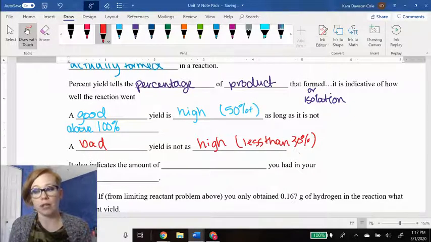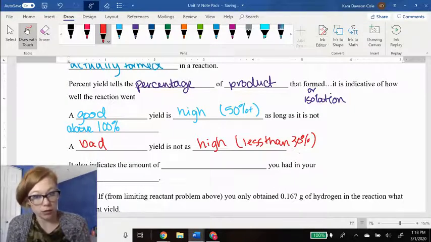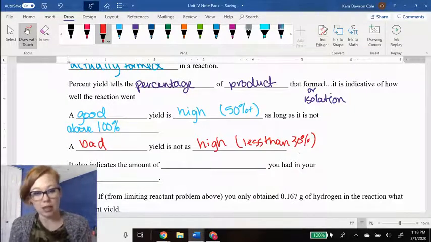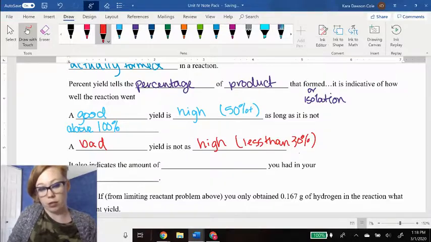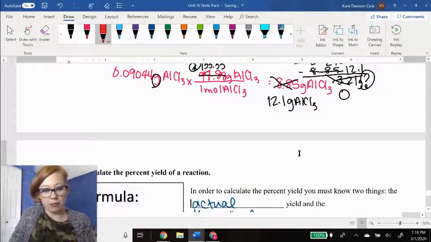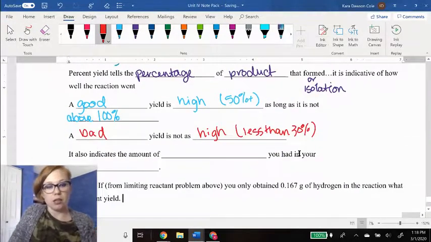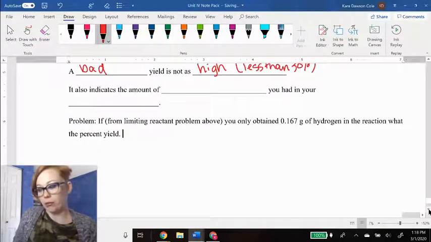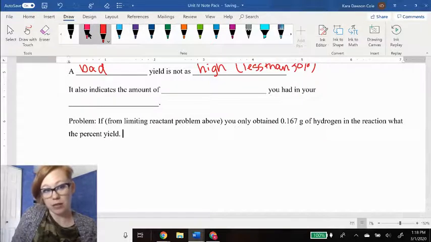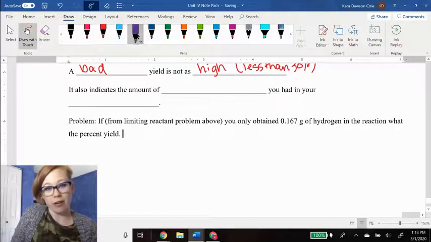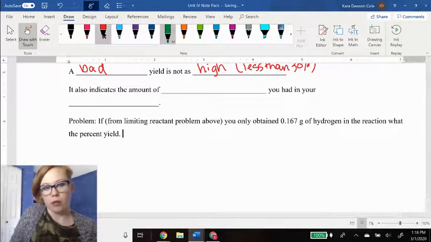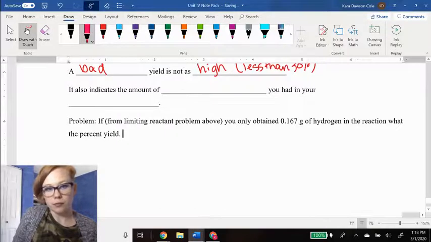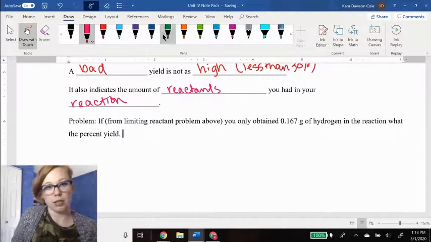And they look for ways in which to increase the yield, or the amount of the product that they can get out of a reaction. Big stuff, like big chemistry stuff, right? So this also indicates the amount of the reactants that you had in the reaction. So sometimes we can go back from the percent yield. So we can find out how much of a reactant that we started with, right? Or whatnot.